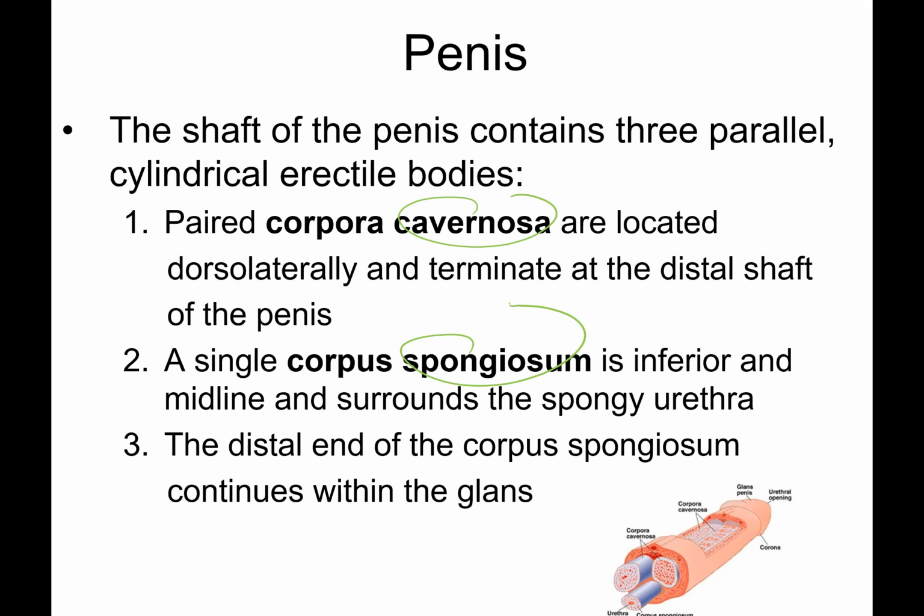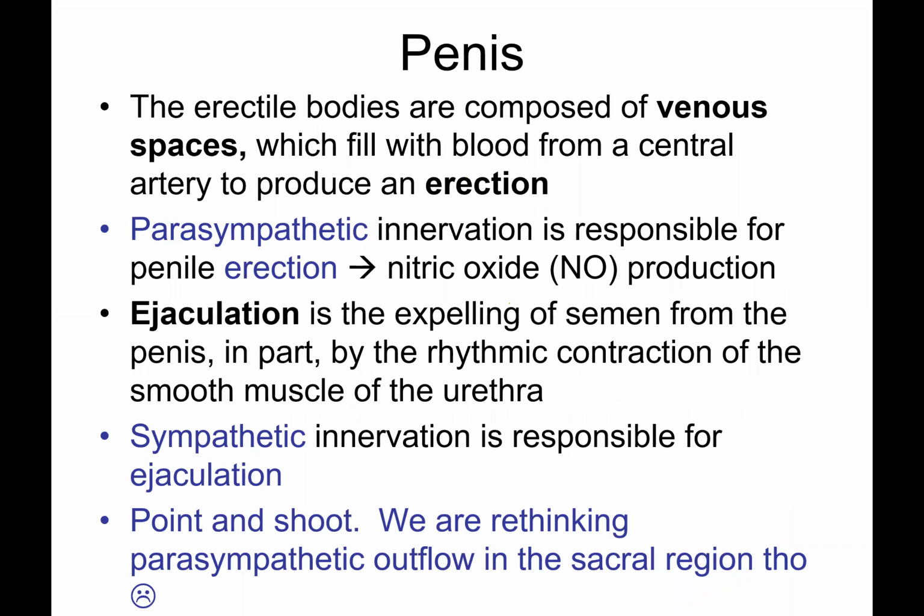So these are considered the erectile bodies. It has to do with blood flow and the nitric oxide. Parasympathetics are responsible for the erection, and your sympathetic nervous system is responsible for the actual ejaculation component.